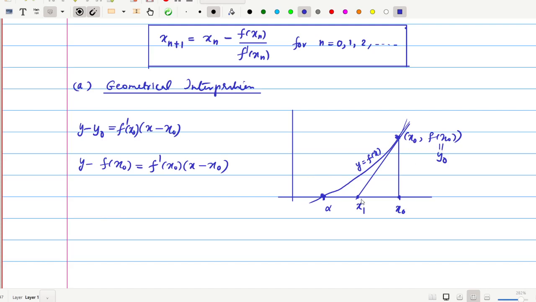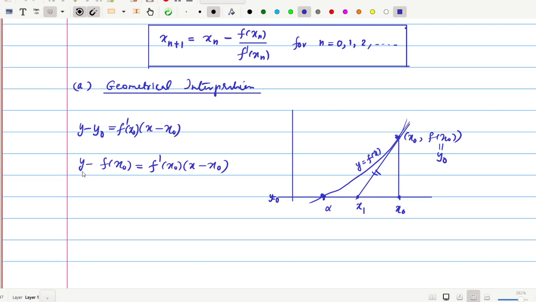In order to get this point, we need to put y equal to 0 here, because the point of intersection of this tangent and the x-axis is obtained by y equal to 0, since on the real line we have y equal to 0.